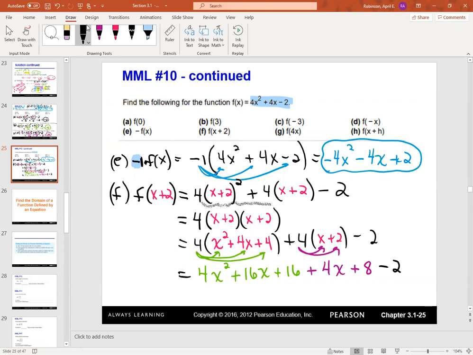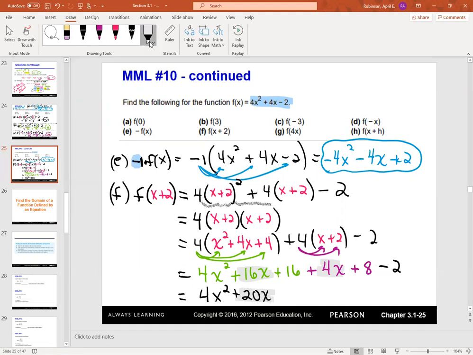So first I FOILed, then I distributed, and now I'm going to combine like terms. And I only have one term that's an x squared, so it's first. I have a 16x squared and a 4x squared, so I'll combine those. I meant x. I have a 16x and a 4x, so I got 20 x's all together.